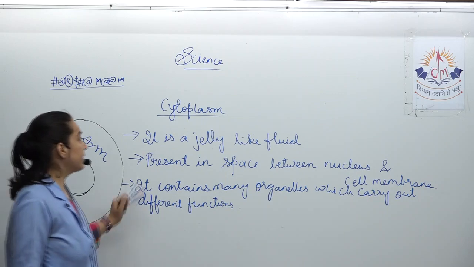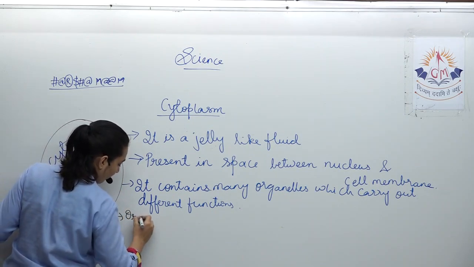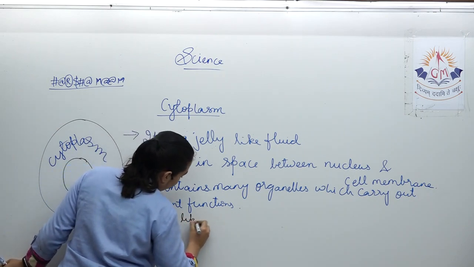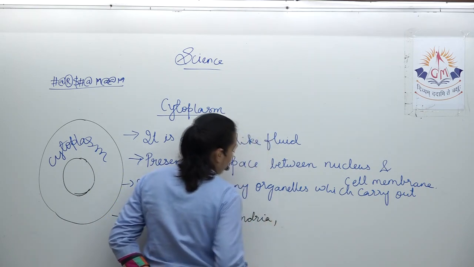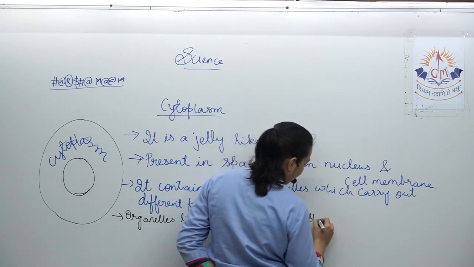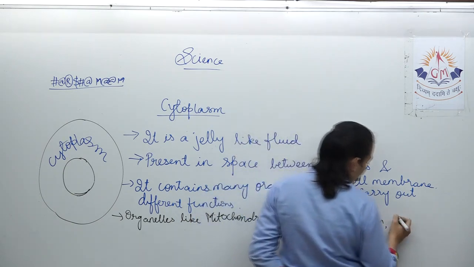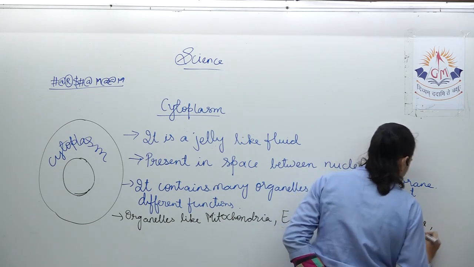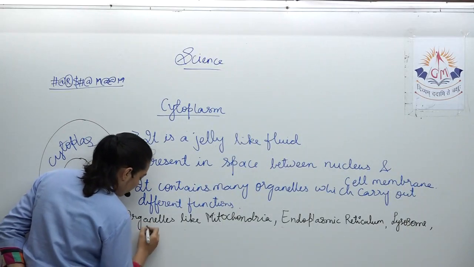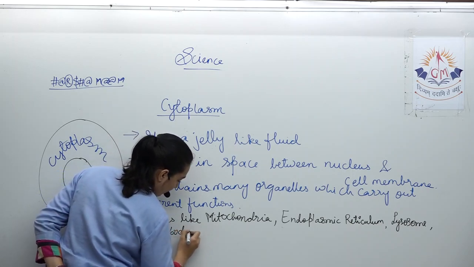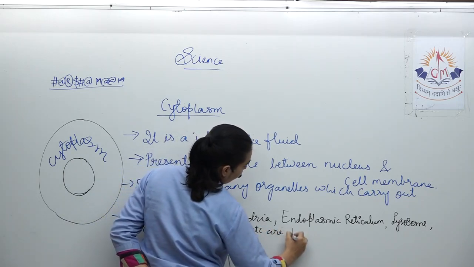First, note down the entire cytoplasm part, and you can write the names of organelles like mitochondria, endoplasmic reticulum, lysosomes, Golgi body, ribosomes, etc. are present.